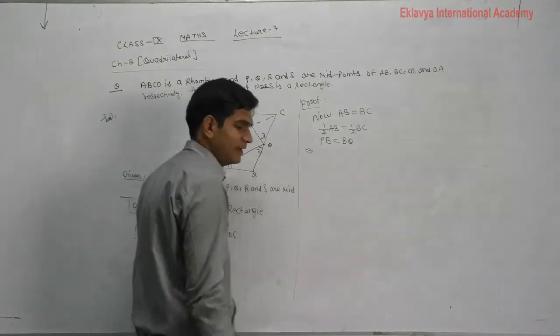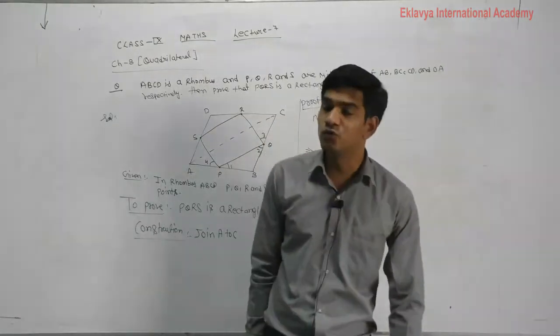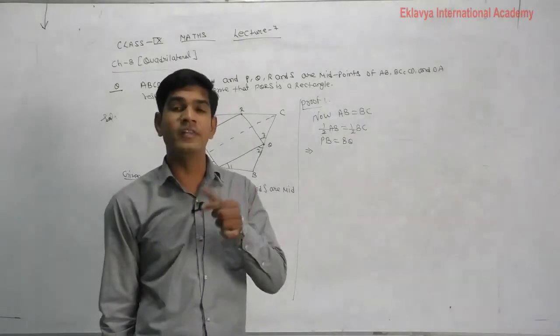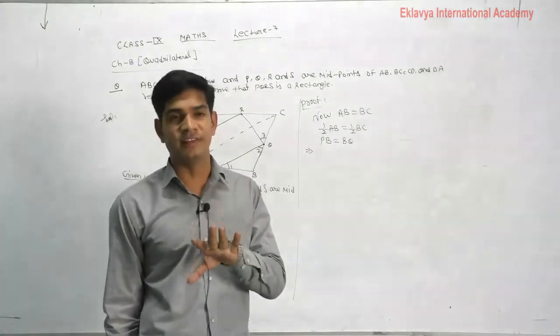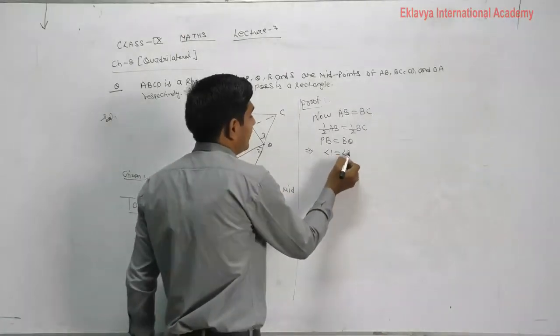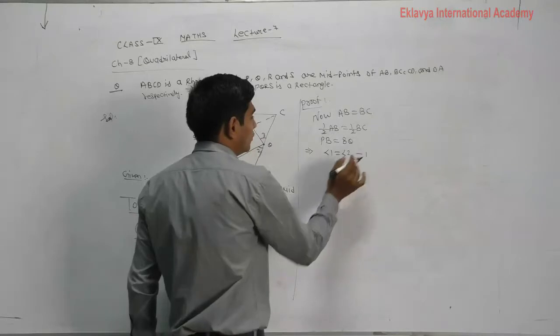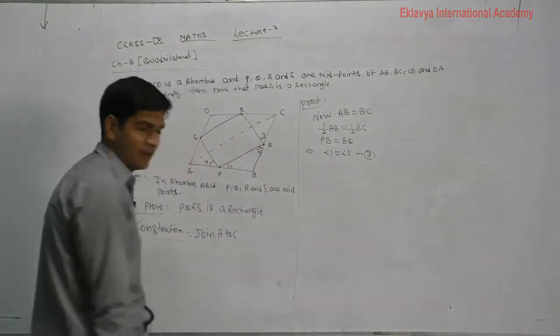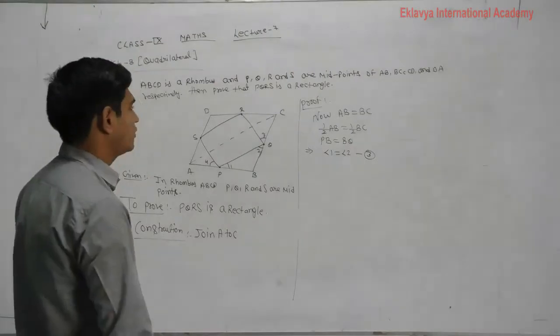If in any triangle two sides are equal, then the angles opposite to those sides are also equal. So angle 1 is equal to angle 2, that is equation number 3. Any problem? Angle 1 will be equal to angle 2.